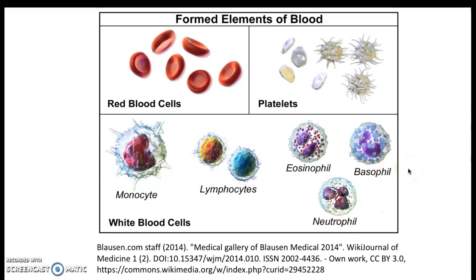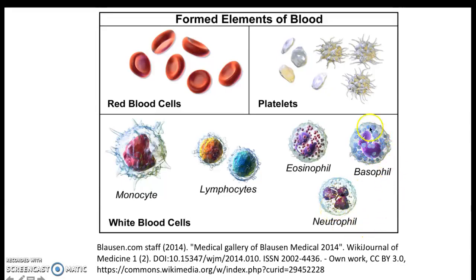We can divide our 5 types of white blood cells into 2 big, broad categories. The first category would be agranulocytes, and that would include monocytes and lymphocytes. The other big category would be granulocytes, and that would be our eosinophils, basophils, and neutrophils.